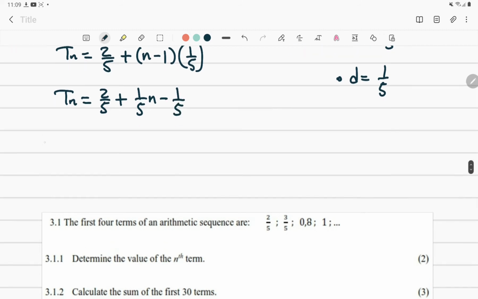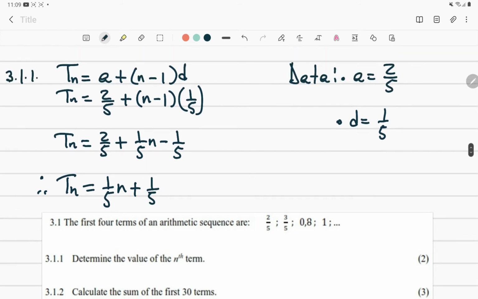Therefore, at last, Tn is 1 over 5 n plus 1 over 5. That will be the nth term.